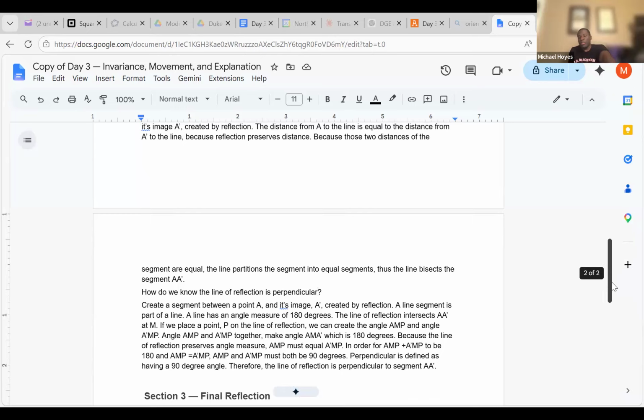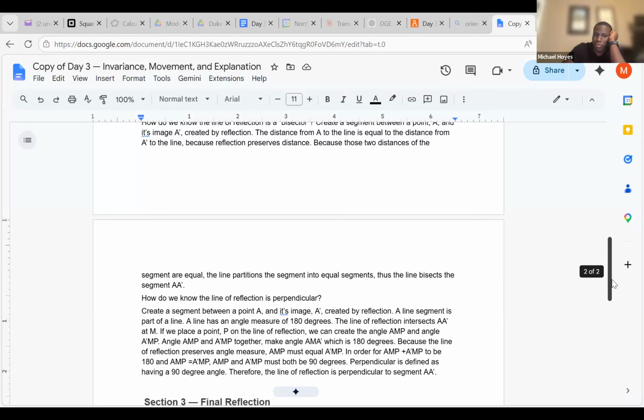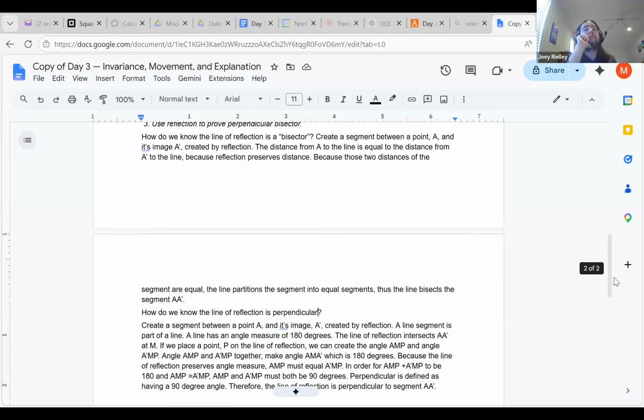Do you think you could repeat that thought process of formulating why these things are perpendicular and why this thing is a bisector from reflection? I could definitely do the perpendicular one because it's fresh in my mind. The bisector one, I'd have to study a little bit longer.